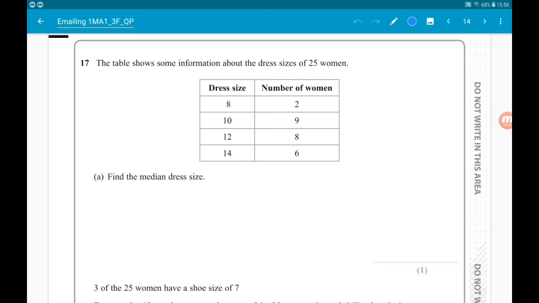Instead, we can find which woman would be the median. So to do that, when you have an odd number of things, you add 1 to it and divide by 2. So 25 add 1 is 26, divided by 2 is 13. So the 13th woman is the median.